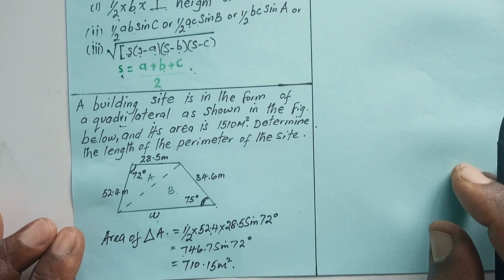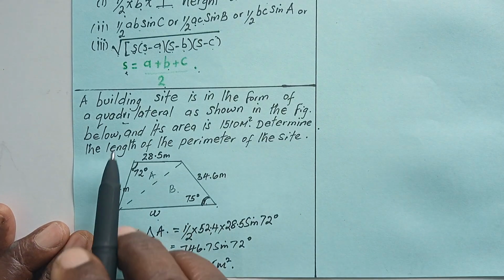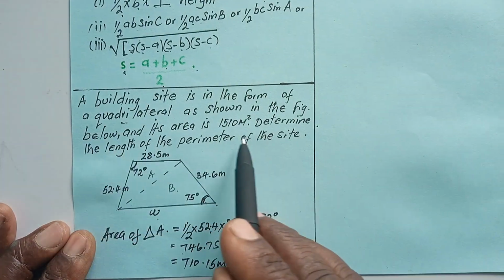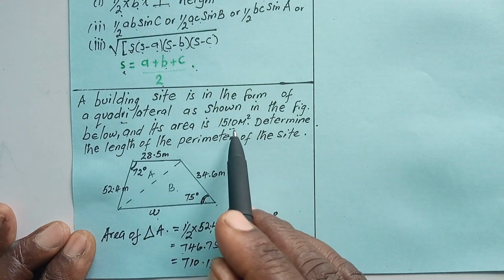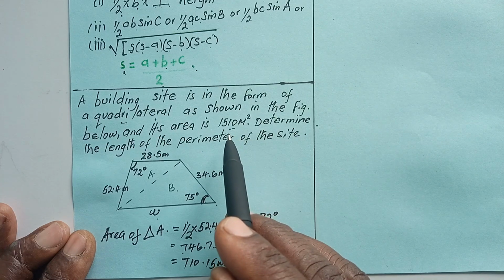But remember, we were given the area. The area was given to us as 1510 square meters.